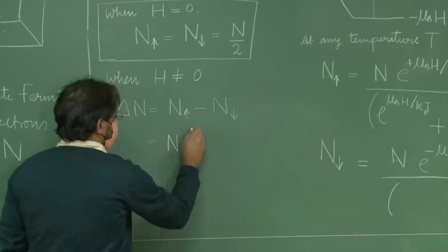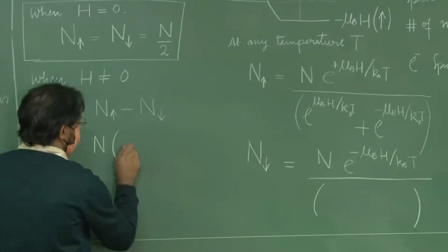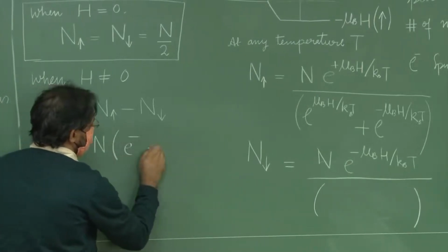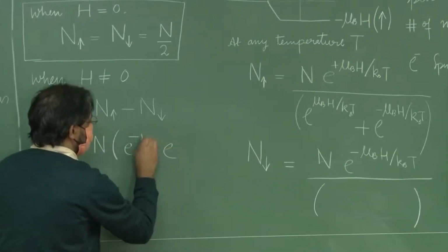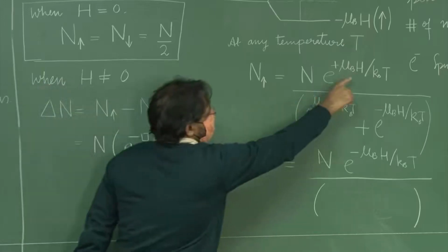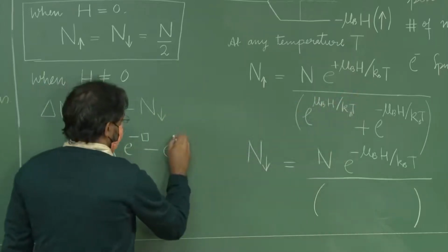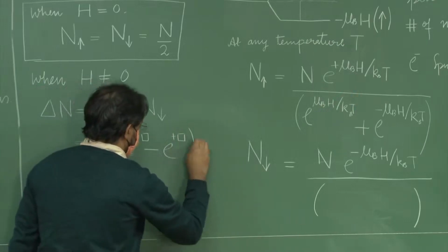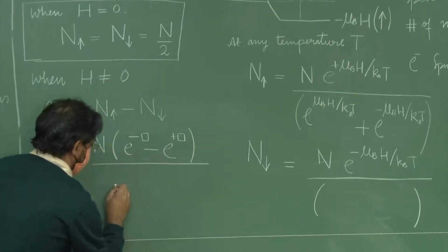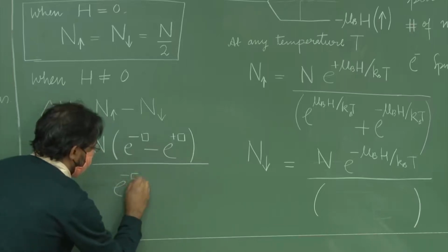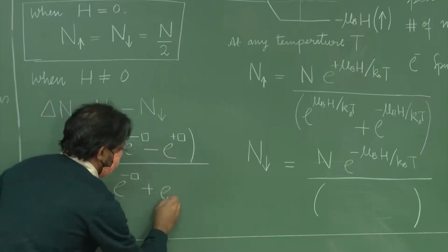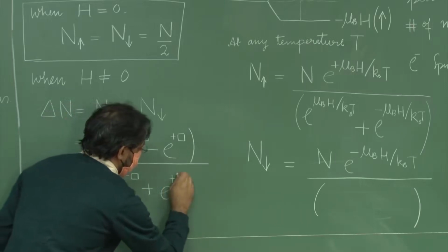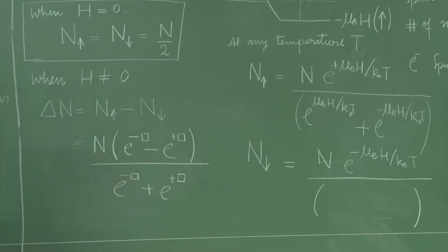Okay, so it will be exponential of minus mu B h by kBT minus exponential of plus, divided by exponential of minus plus exponential of plus.